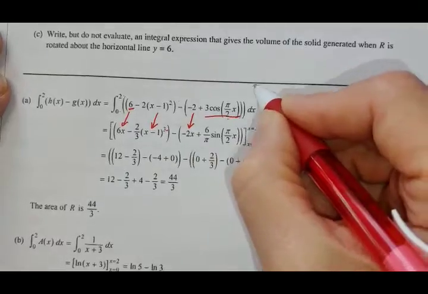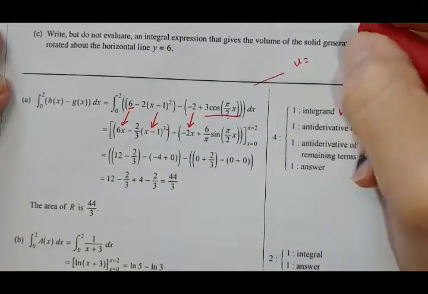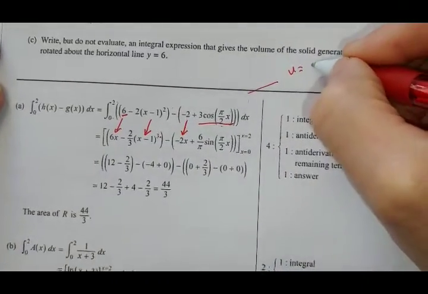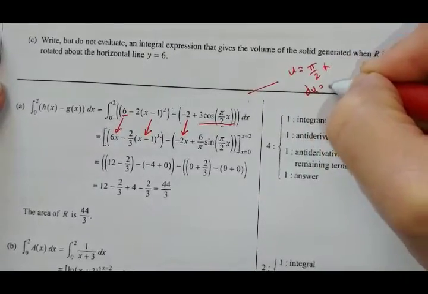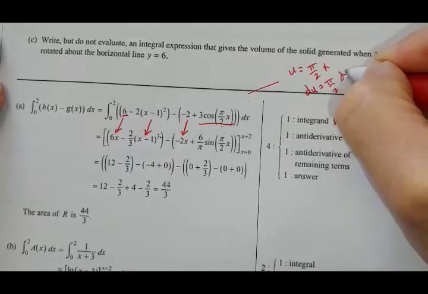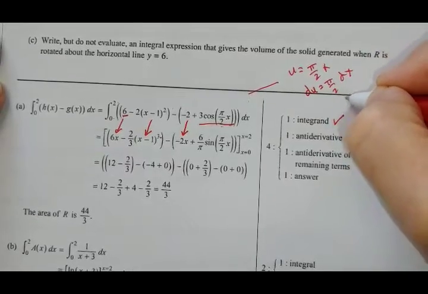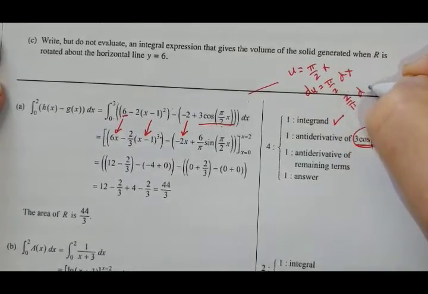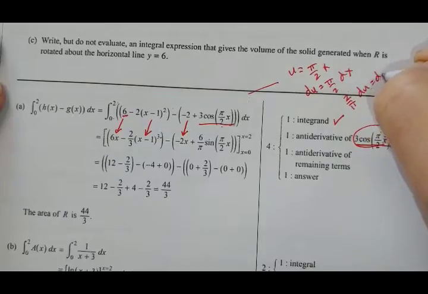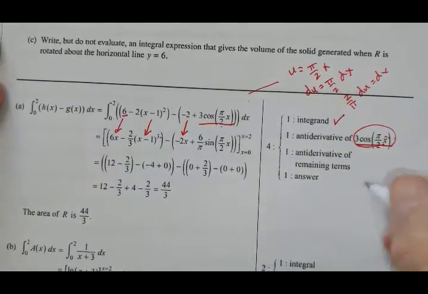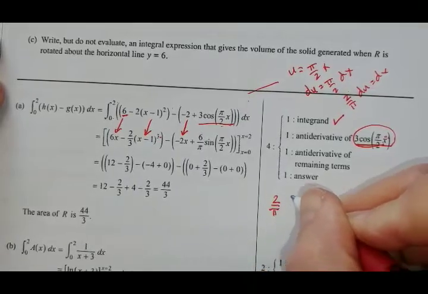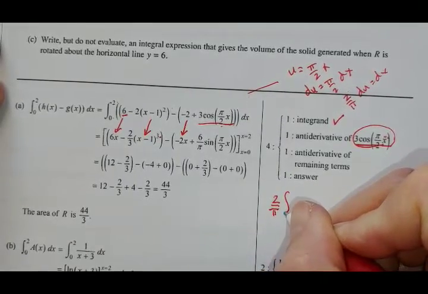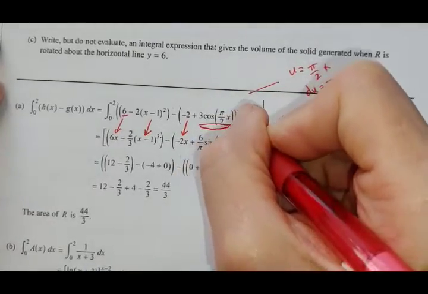We're going to need a u substitution, so u is equal to pi over 2x, and du is equal to pi over 2 dx. Multiply both sides by 2 over pi. Okay, so then when we do our substitution, I'll do it down here, we'll have 2 over pi antiderivative of, and we're just doing this part right here.